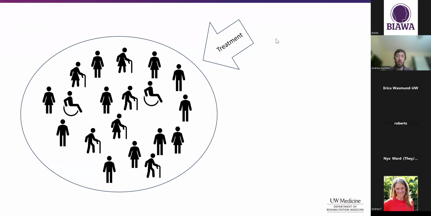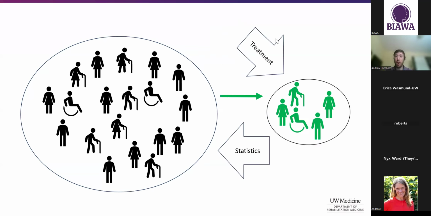So instead, what we do is draw a sample from this population. We have this denoted by the green arrow and the green shaded figures, but we draw this sample from the population, and we're able to give a treatment to that sample. And we're then able to assess how that treatment works, what types of responses we're seeing in that subgroup, that sample that we grab, and then we use our statistics to translate that back to the population.